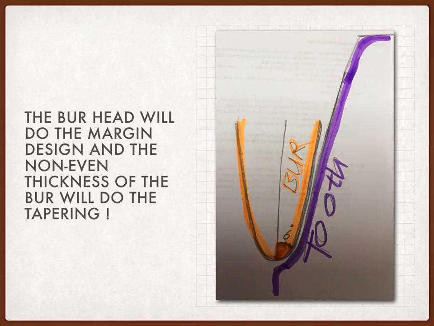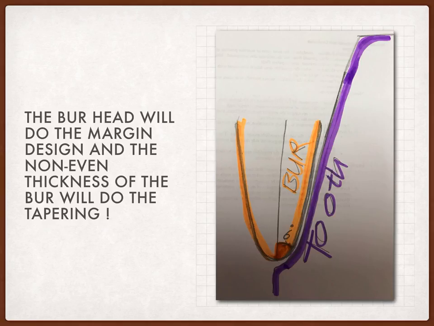I have made this simple illustration to make you understand it more. Guys, the purple line is the preparation, the prepared tooth, and the orange thing is the bur tip.